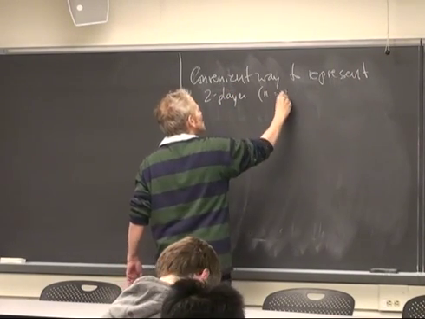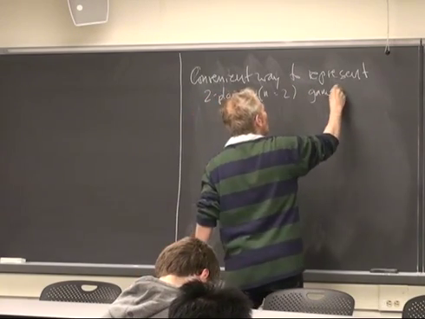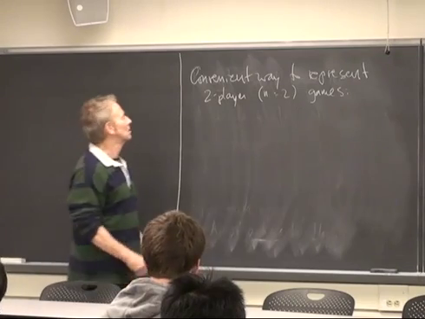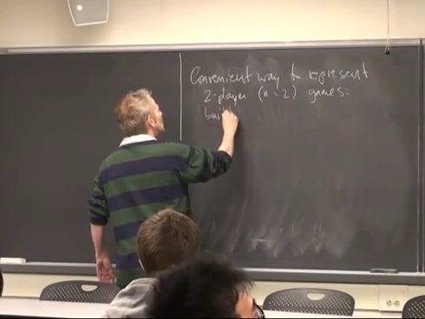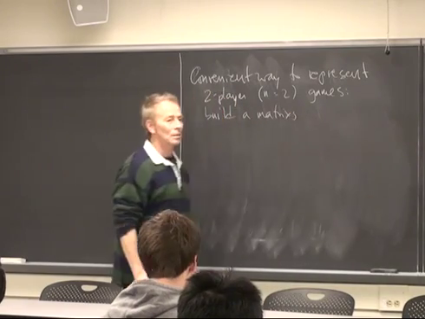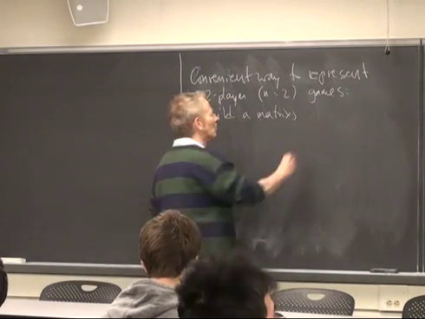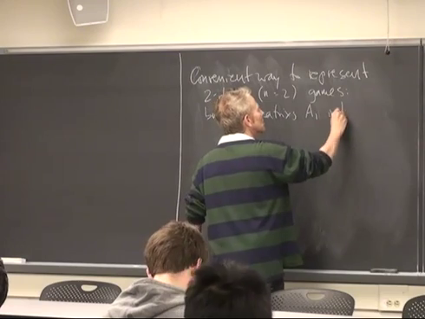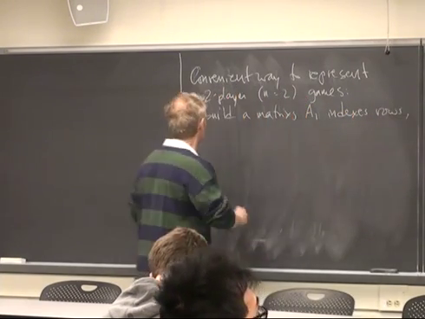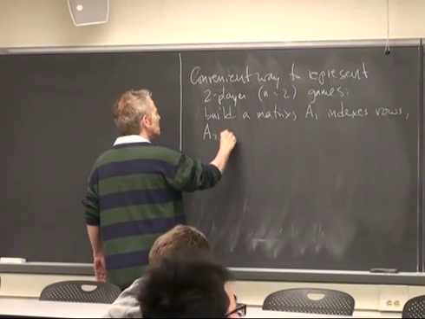That is to say, n equals 2. And that is what you do. You have a matrix. Action space for player 1 indexes the rows. Action space for player 2 indexes the columns.